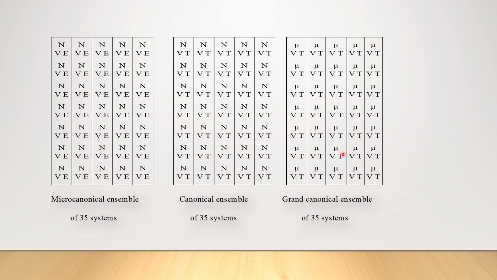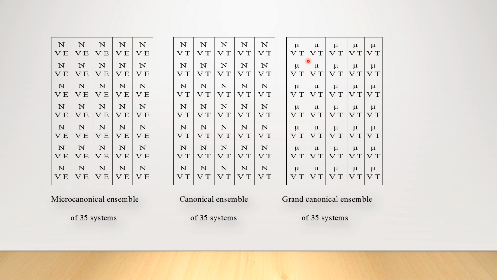Now see the third type, that is the grand canonical ensemble. The third type of ensemble is based upon the open system. Each system here is an open system where the number of molecules in the unit is not maintained constant. So here you can see capital N, the number of molecules, is not constant since the system is open.